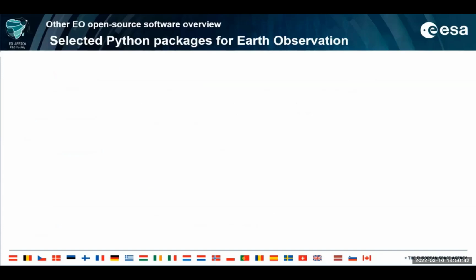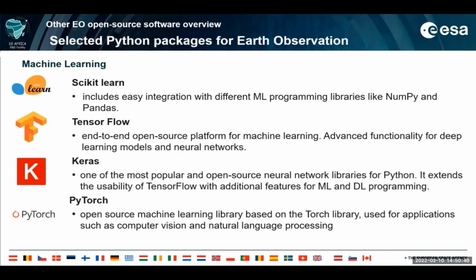Then we have also packages that facilitate machine learning applications. Those are, for example, scikit-learn, which includes easy integration with different machine learning programming libraries like NumPy and Pandas; TensorFlow, an end-to-end open-source platform for machine learning, where advanced functionality for deep learning models and neural networks is provided; Keras, which is one of the most popular open-source neural network libraries for Python.